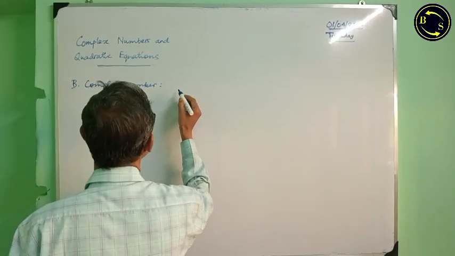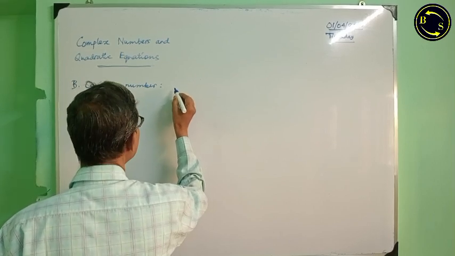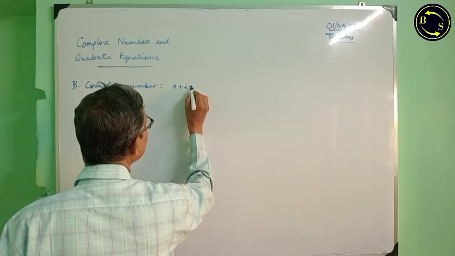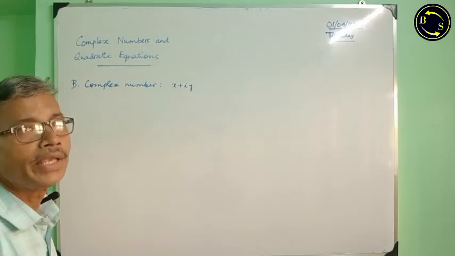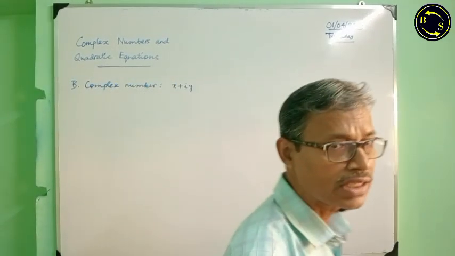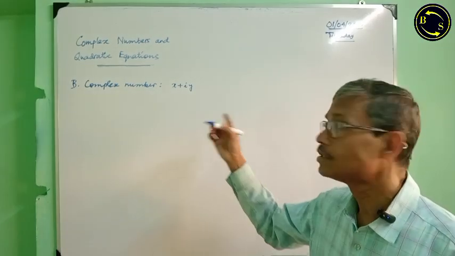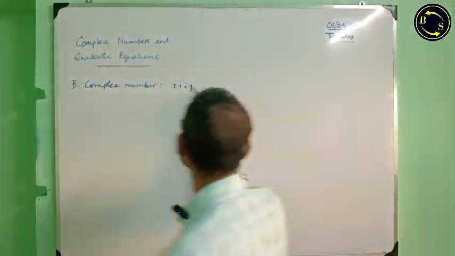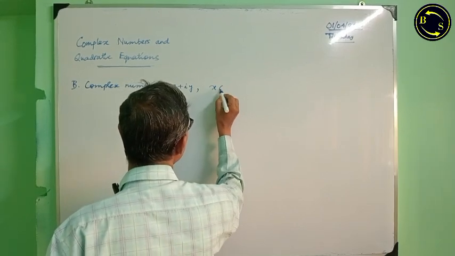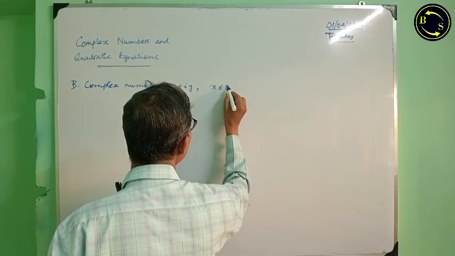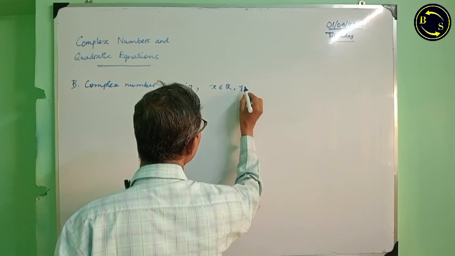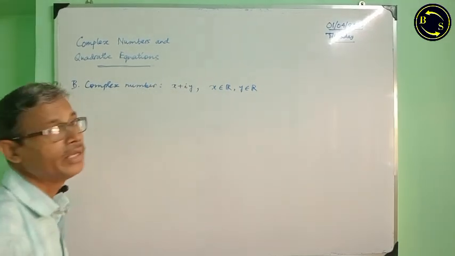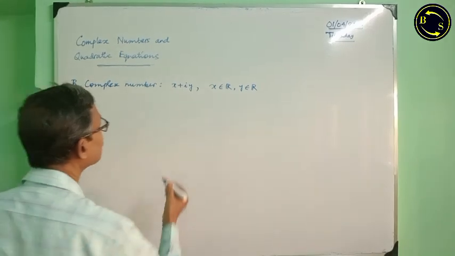Any number which is expressed in the form x plus iy, where x, y both are real, is called a complex number.